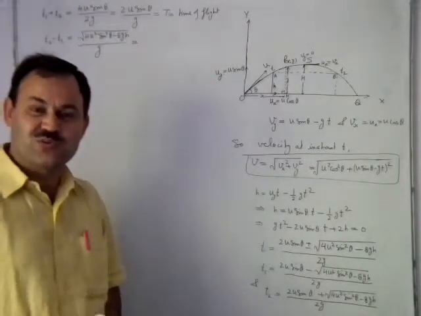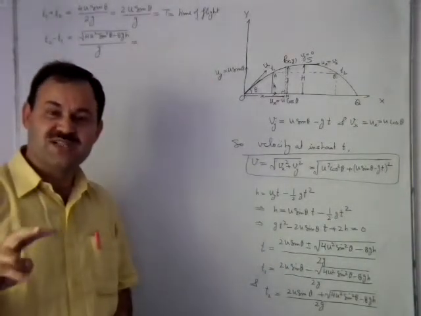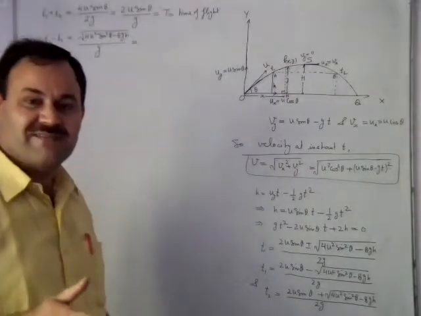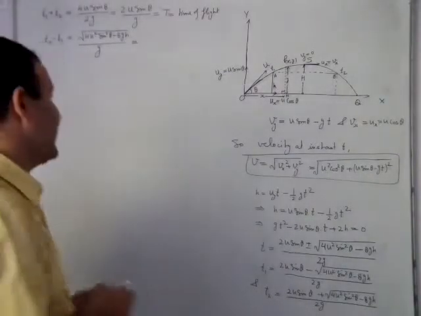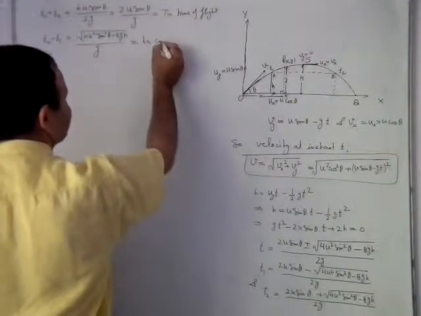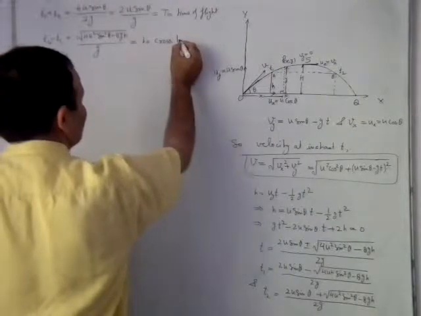So it means to cross two positions of the same height h, the time interval taken by the projectile will be this one.